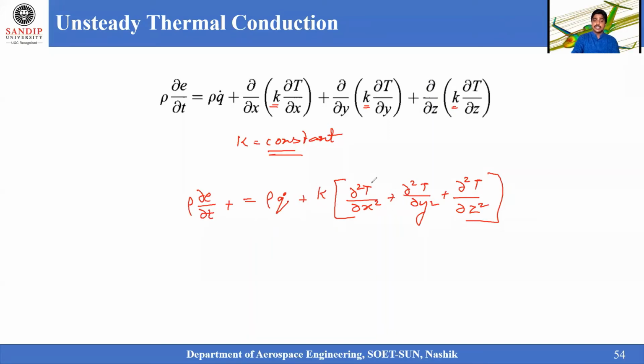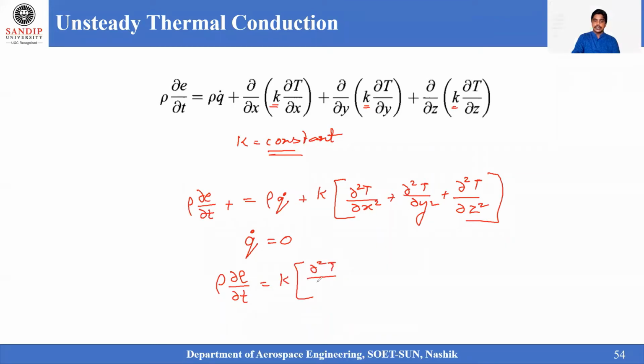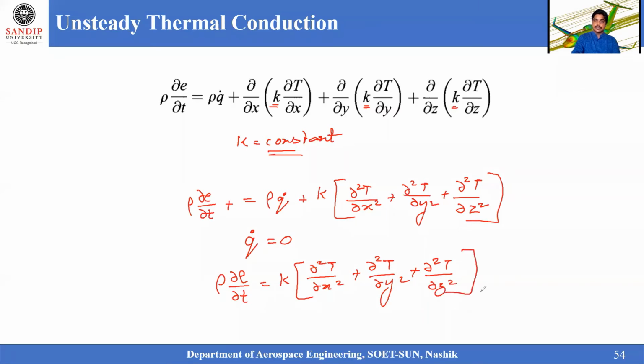So in that case, my equation has been simplified to rho dou E by dou T is equal to rho Q dot plus the conduction term. And if I take one more assumption, that the volumetric heat addition in that particular fluid flow is equal to 0, then my equation would be simplified to dou E by dou T is equal to K into dou square T by dou x square plus dou square T by dou y square plus dou square T by dou z square.